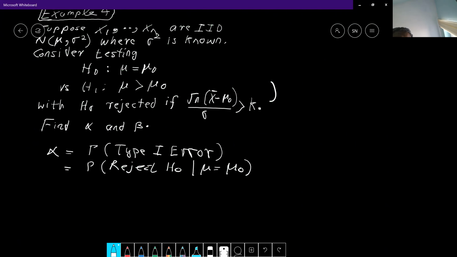So this will be equal to the probability that root n times x bar minus mu0 divided by sigma is greater than k.